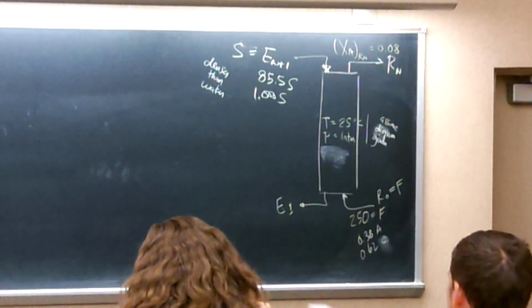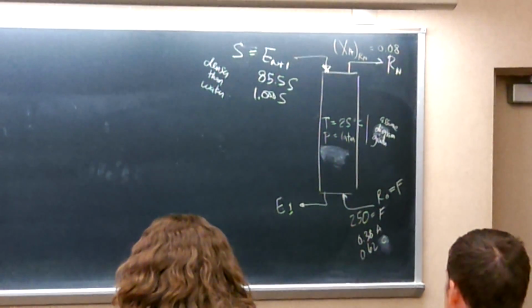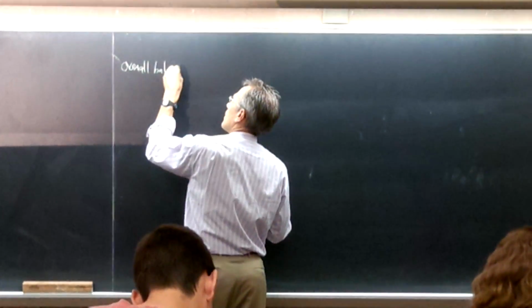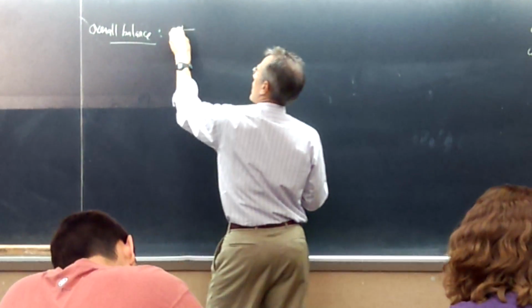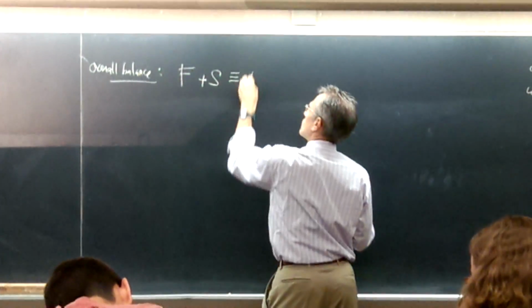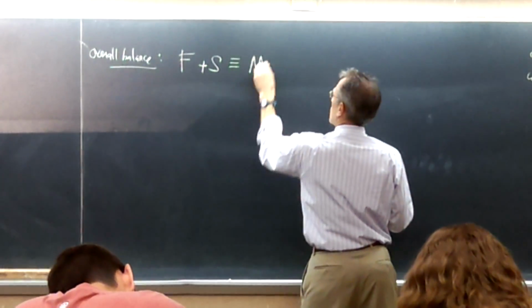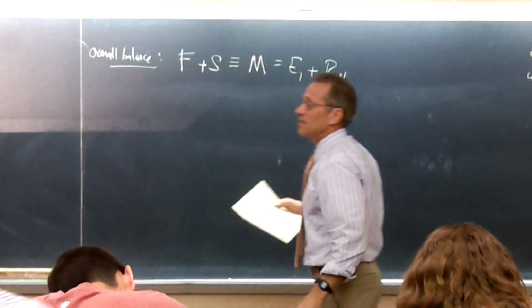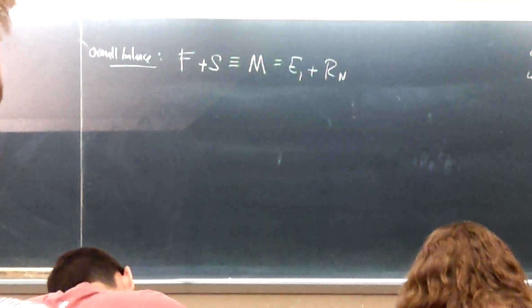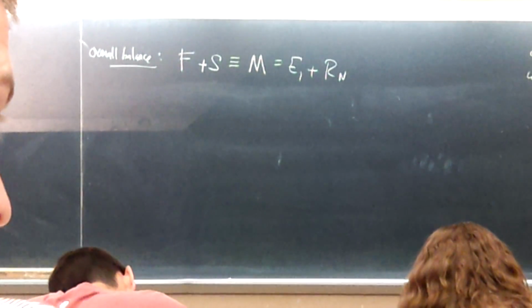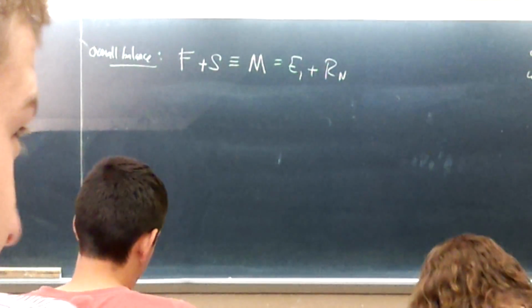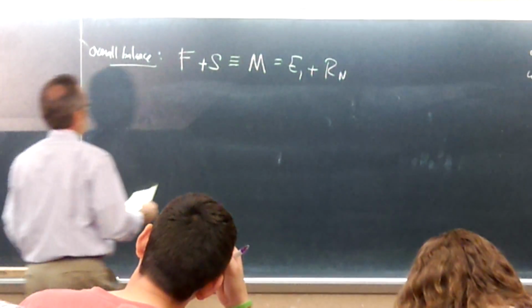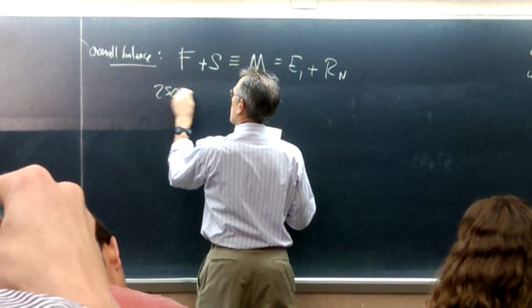So we do an overall balance. F plus S equals M equals E1 plus Rn. Right? We don't know how many stages there are. We know F. We know S.